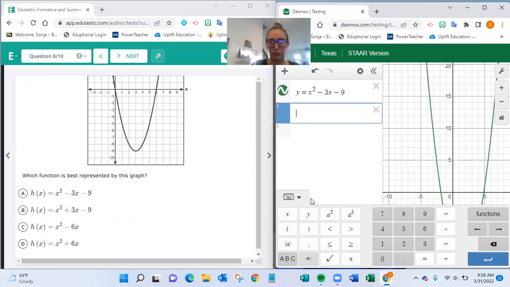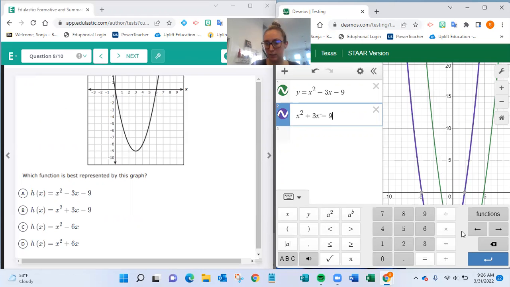Okay, and I can see the green doesn't match because it doesn't go through the origin or have another 0 at 6. Try the next one. X squared plus 3x minus 9. Okay, again, this one does not go through the origin, so I need to try another.